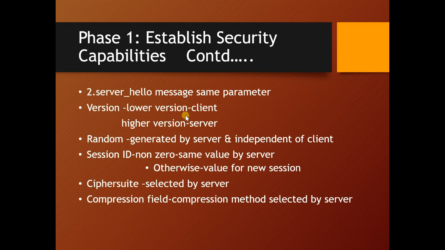Now, the cipher suite parameter contains various combinations of cryptographic algorithms. The first element is the key exchange method being used, that is, the means by which the cryptographic keys for conventional encryption and MAC will be exchanged.